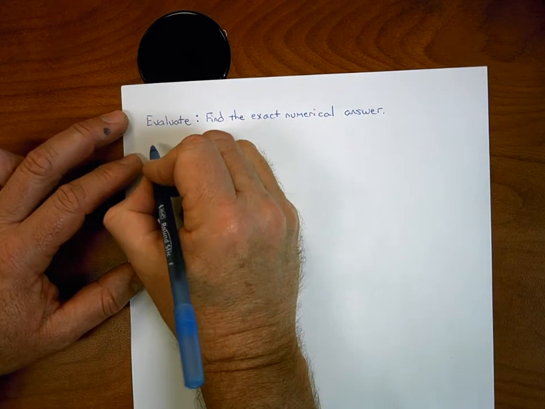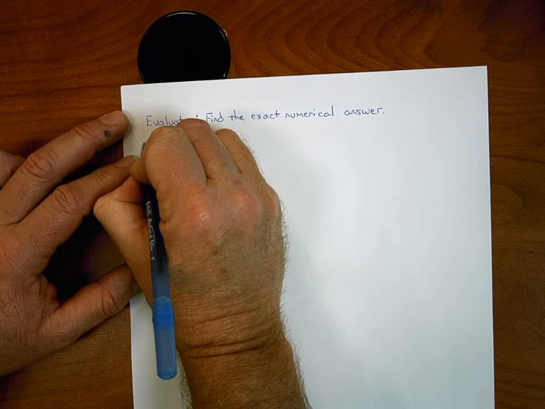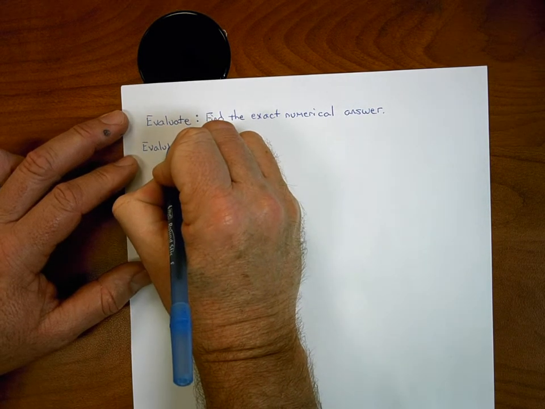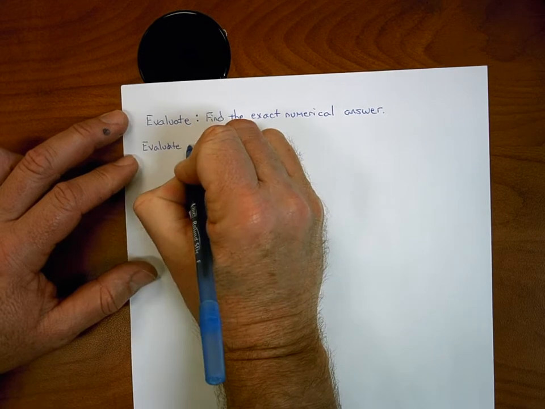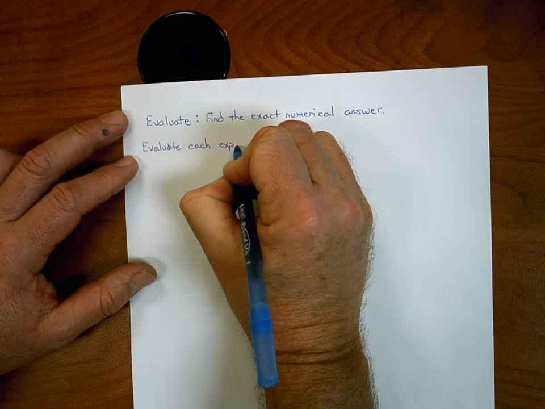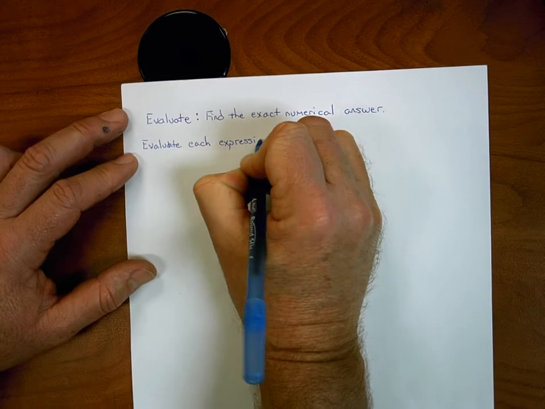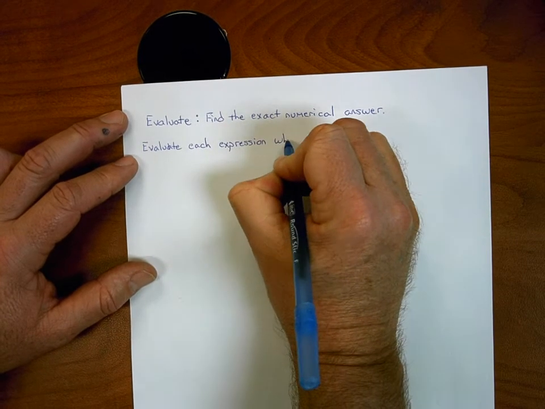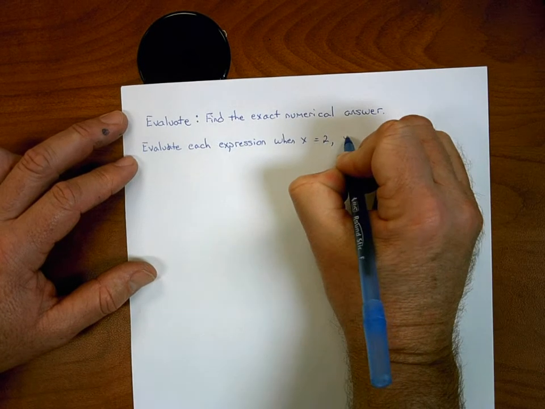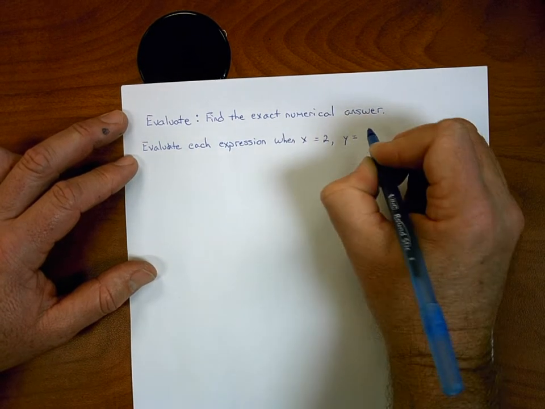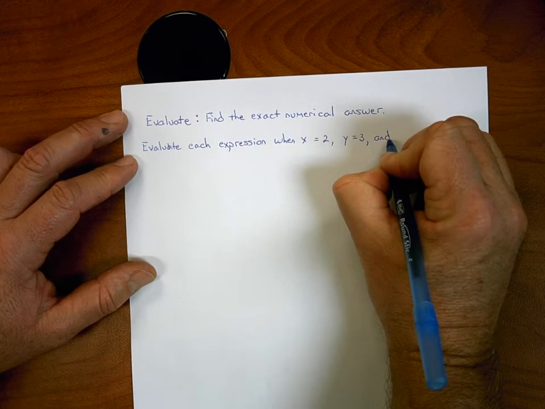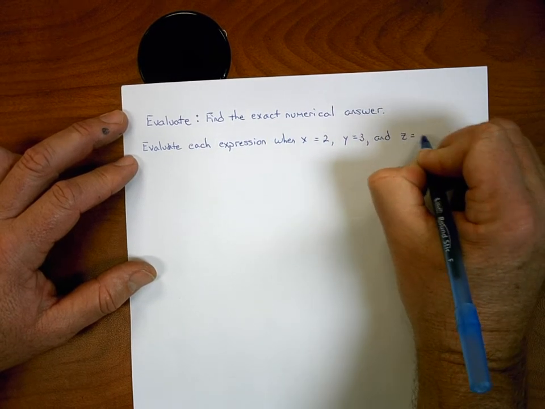So in today's lesson, we're just going to go over how to evaluate each expression, and we're going to do 3 different expressions when x is equal to 2, y is equal to 3, and z is equal to -2.